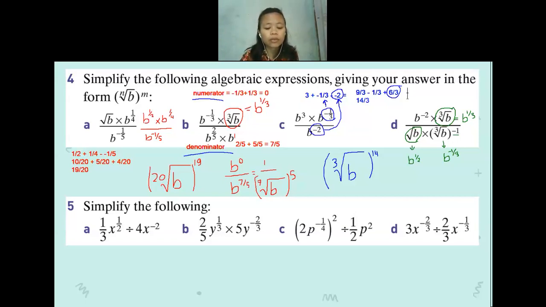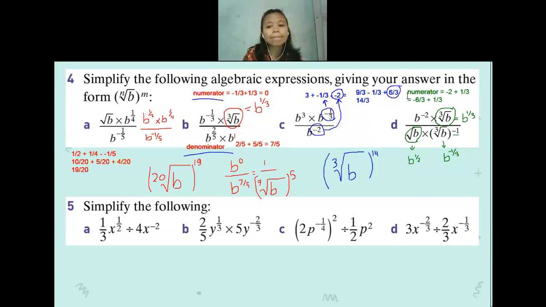So I will simplify from the numerator first. From the numerator, it is a multiplication, so we have to add the power. We do -2 plus 1/3. -2, we can make it into -6/3, because -6 divided by 3 is -2, plus 1/3.